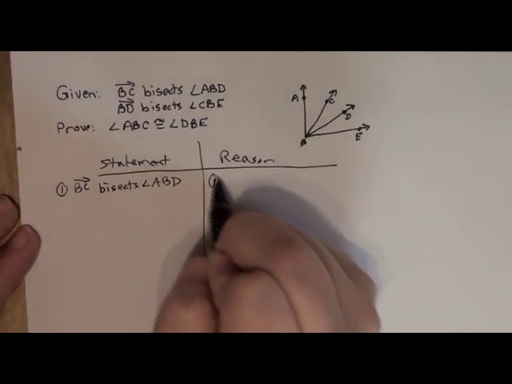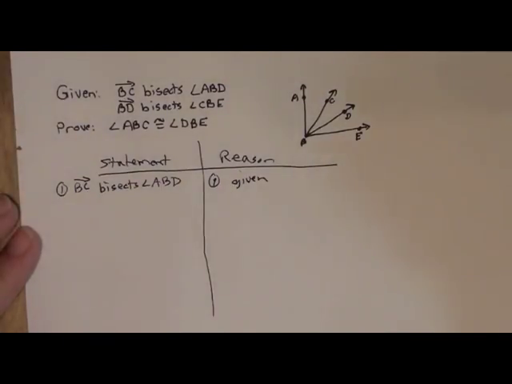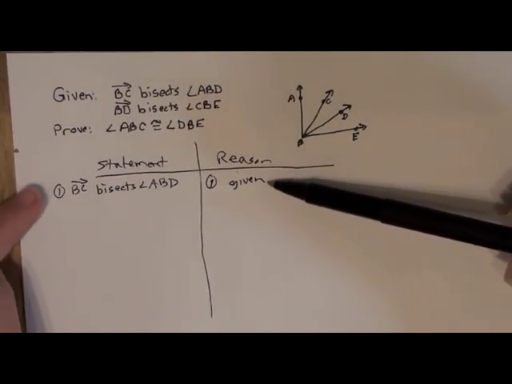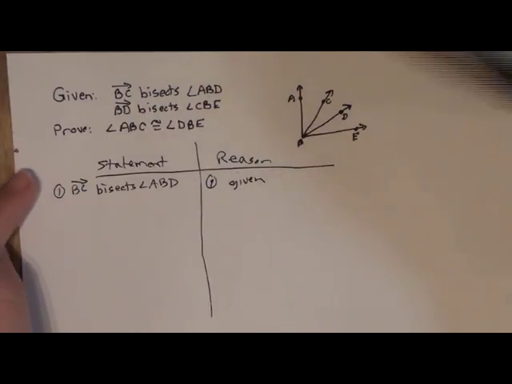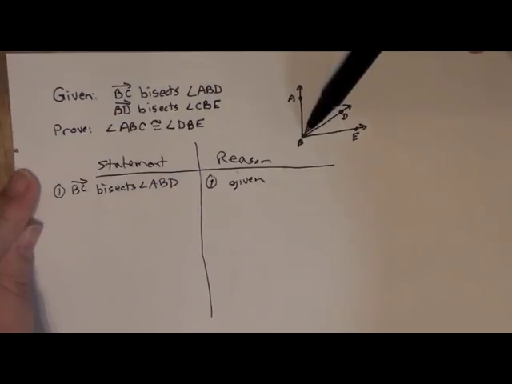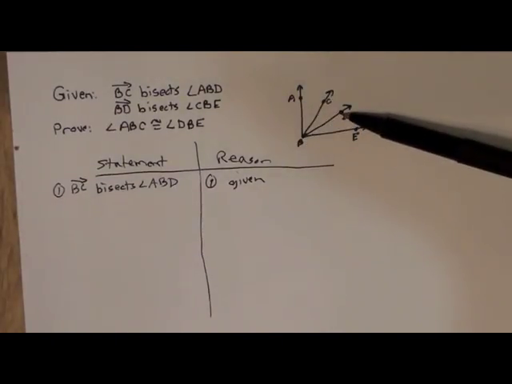And the reason is it's given. Now, I prefer at this point in time, as I said before, to use this given. So what? BC, this ray right here, bisects angle ABE. What does that mean?